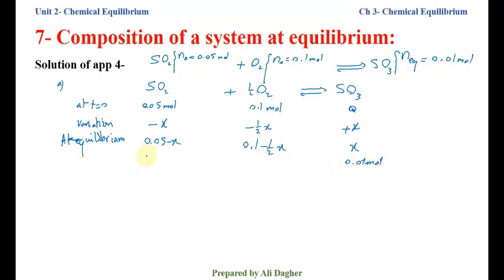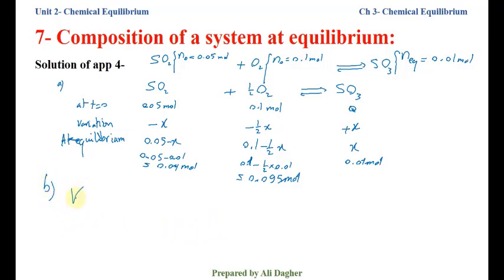For SO2, 0.05 minus 0.01 equals 0.04 mole. For O2, 0.1 minus half times 0.01 equals 0.095 mole. Then this is the composition at equilibrium.